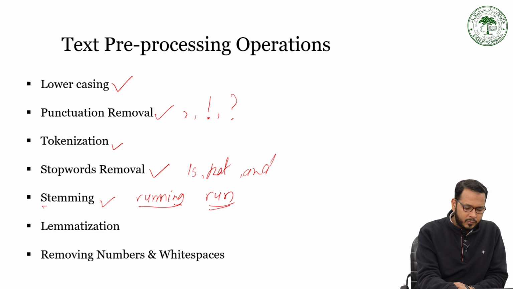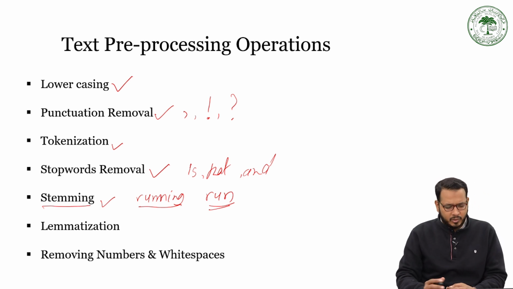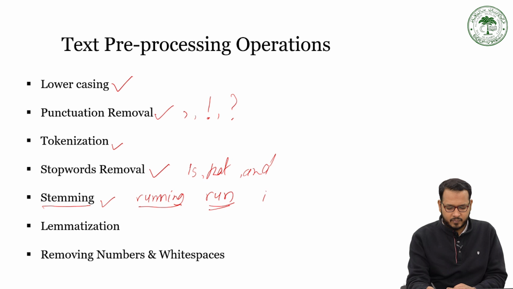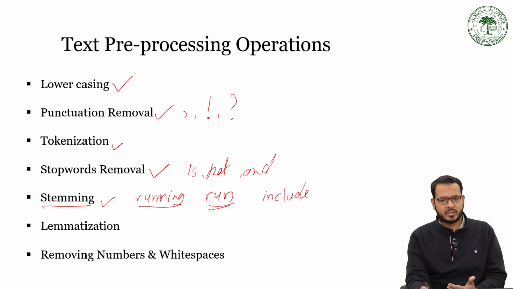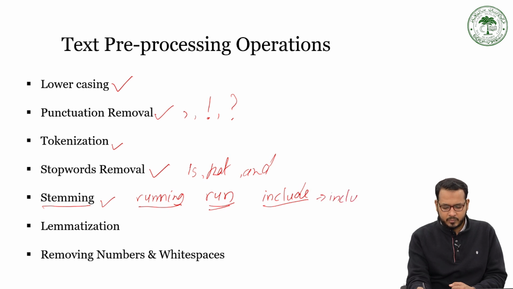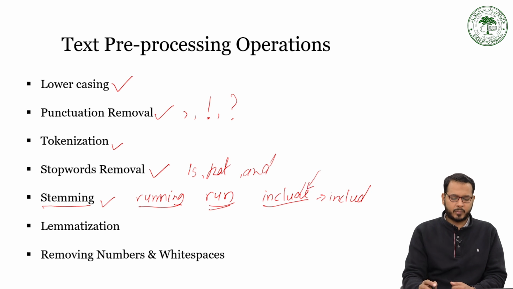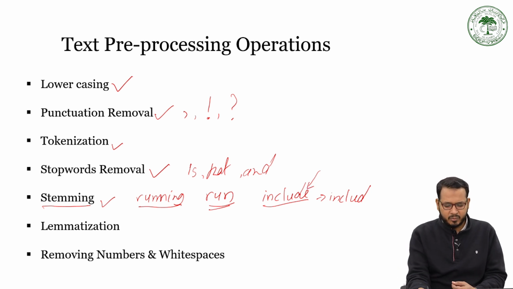Stemming sometimes gives you semantically incorrect words also. For example, if we have a word like include, when it goes through the stemming process, it might give only inclu. Usually the e and the d are also removed in the process of stemming, and we know that this is not a meaningful word.